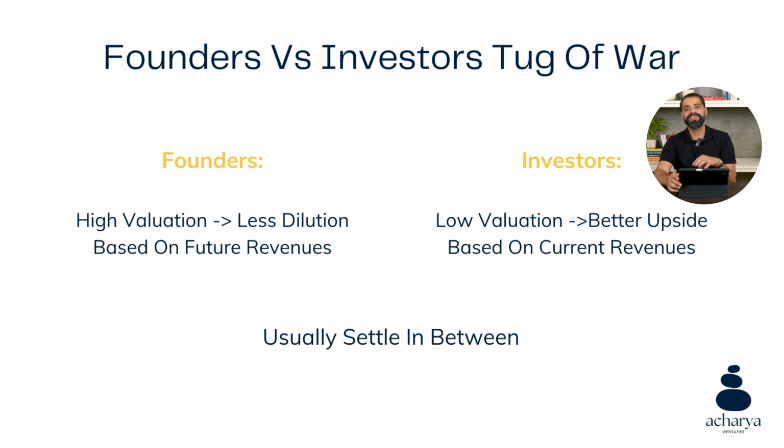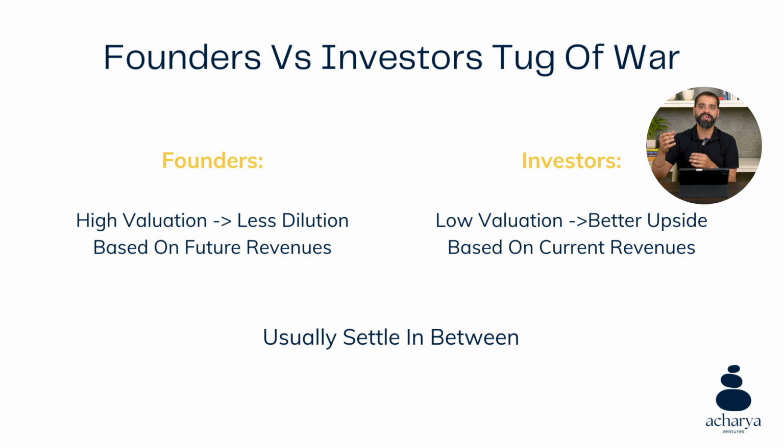At the early stages of a business, there's usually a tug of war when you're trying to negotiate with investors. The tug of war essentially arises because founders are looking for a high valuation, they are looking to dilute less of their equity at an early stage, and most of their valuation is based on future numbers.